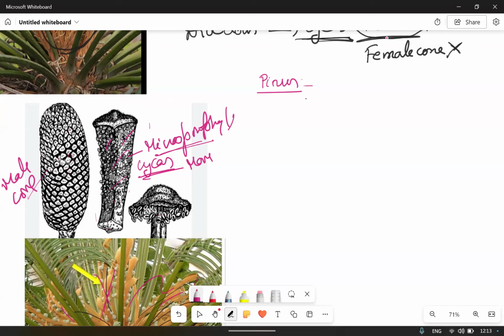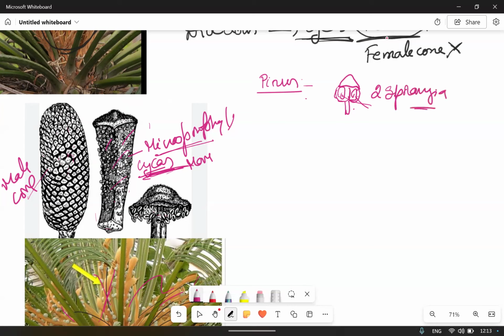Only two sporangia. Look here, this is a microsporophyll. These are the microsporangia, only two. Here in Cycas so many microsporangia are present on the microsporophyll, but in Pinus only two sporangia.